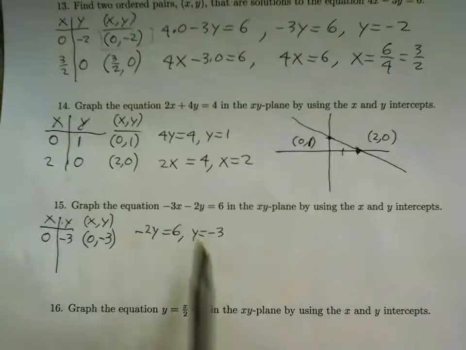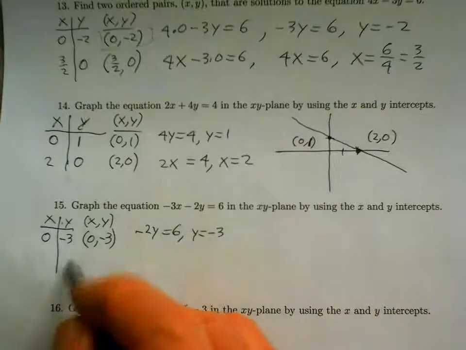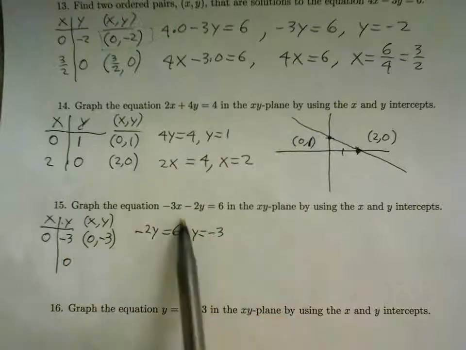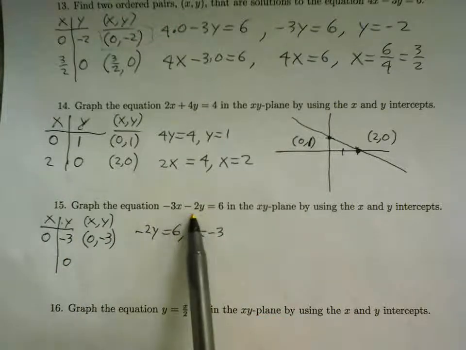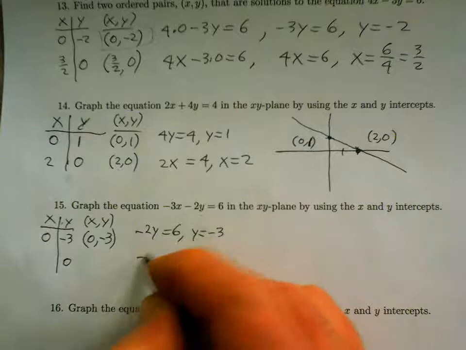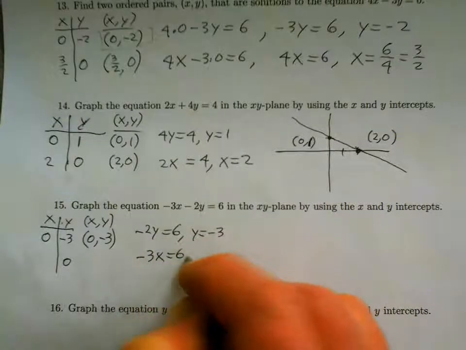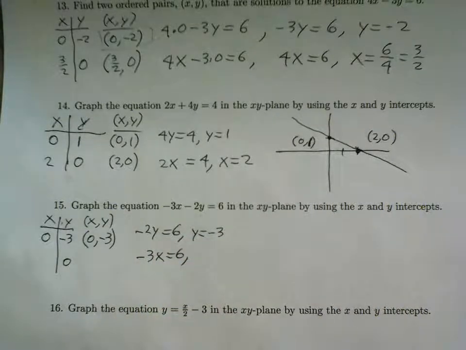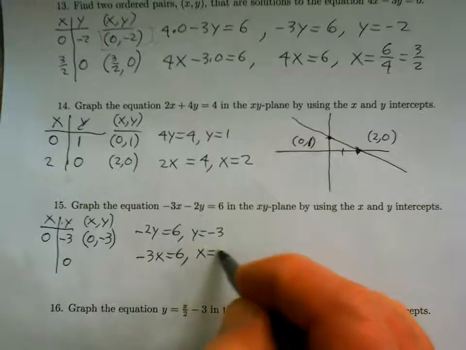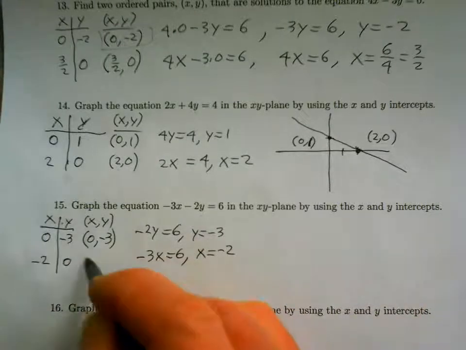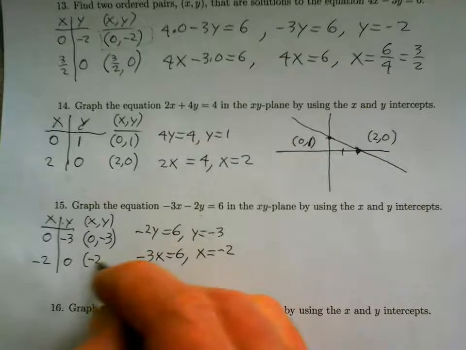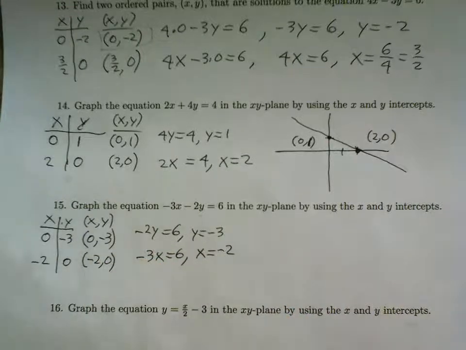To find the x-intercept, replace y with 0. And when y is 0, we're left with negative 3x equals 6. Divide both sides by negative 3, x equals negative 2. So the ordered pair (-2, 0) is the x-intercept.